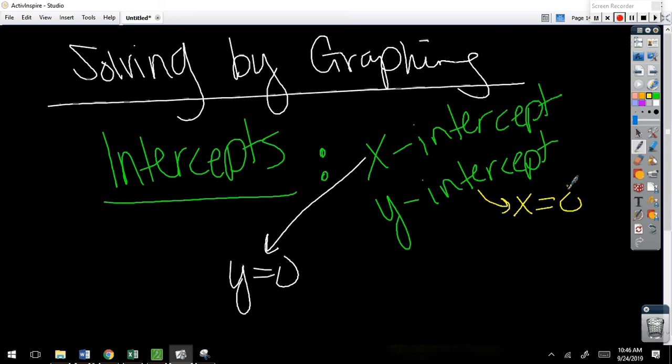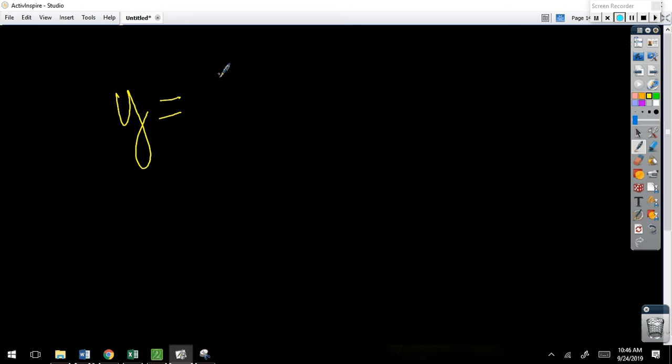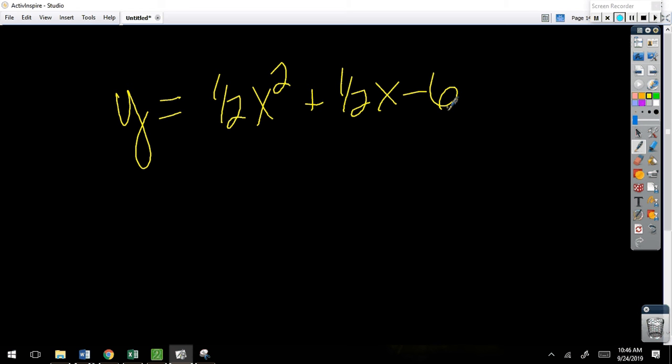All right, so I'm going to use this to think about this algebraically for just a second. If I have this equation, y equals 1/2 x squared plus 1/2 x minus 6, and I go, oh my goodness, that looks so nasty. If I asked you to find the y-intercept here, what would you do?